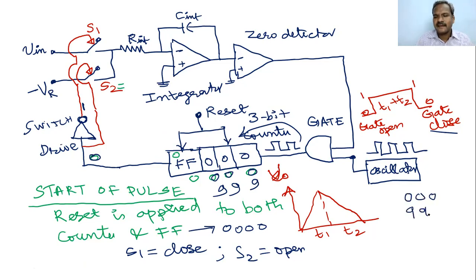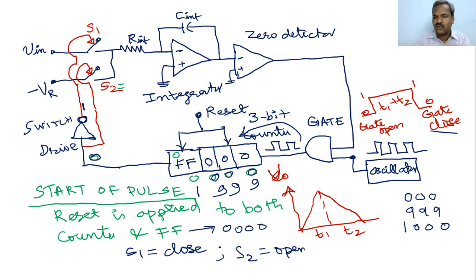When the counter reaches the maximum of 9999 and a single pulse exceeds, the overflow passes to the flip-flop. The overflow becomes 1000, so the flip-flop becomes 1.